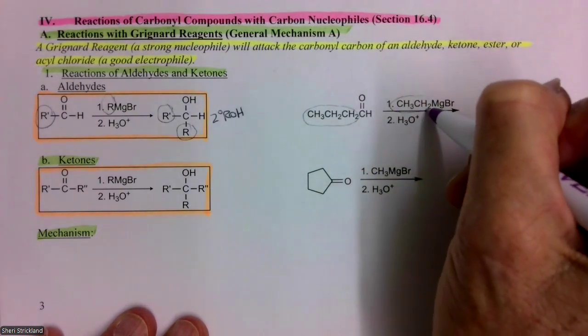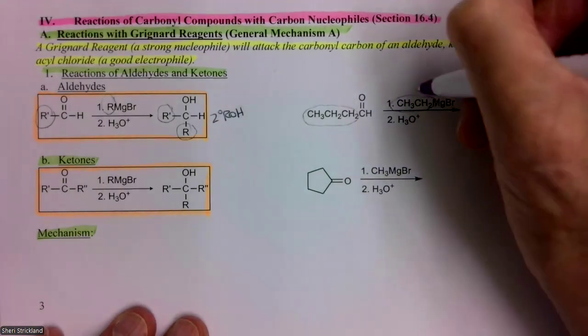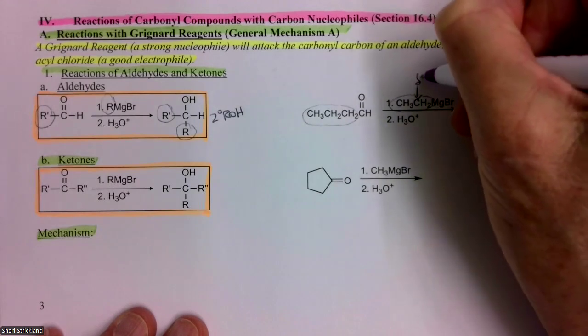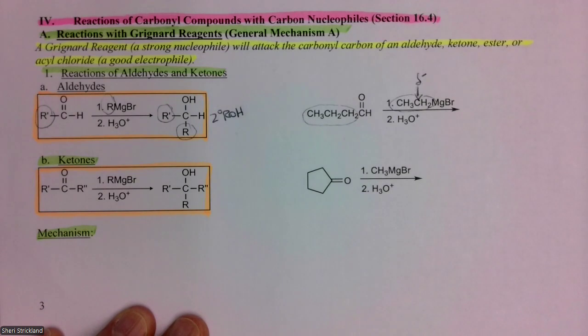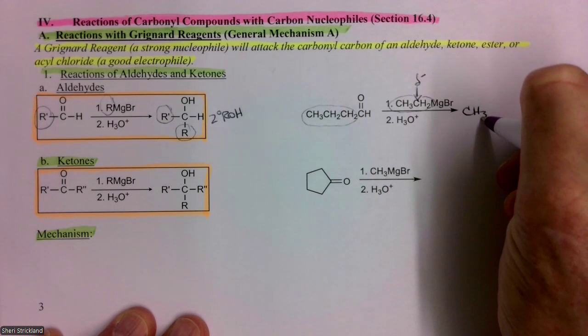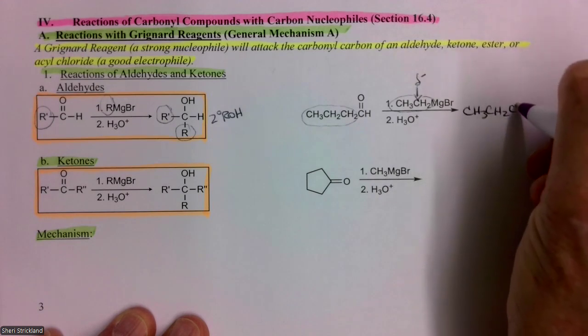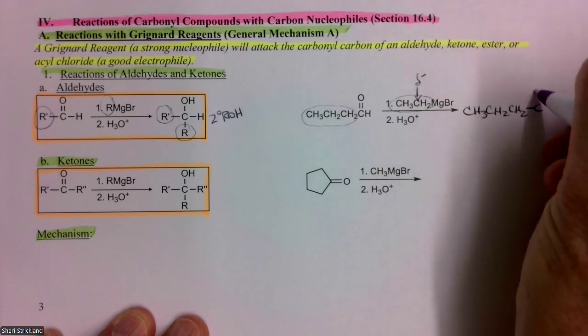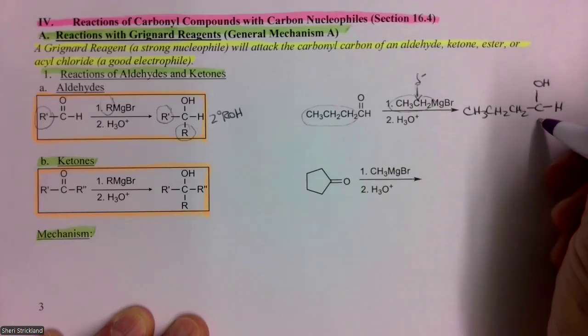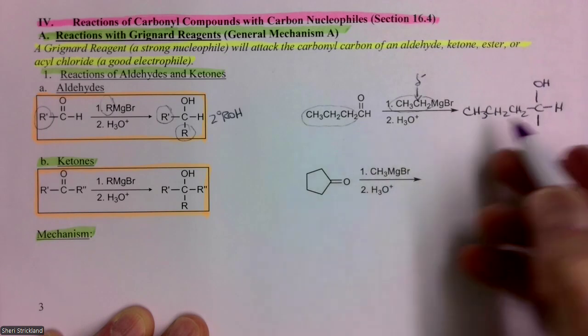This is the R group that's attached to the magnesium. And remember, it's this carbon that has the partial negative and is actually the nucleophilic atom. So I'm going to draw this like that. So you can see that the new piece came in here.